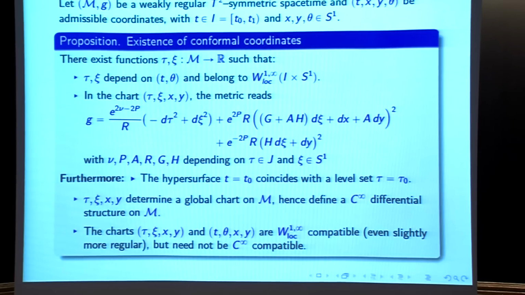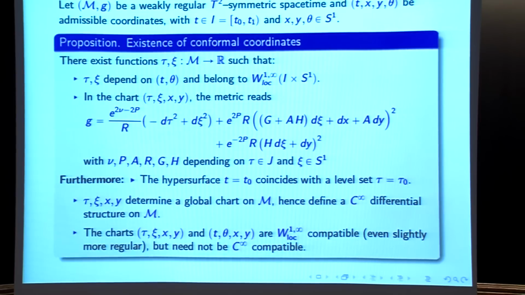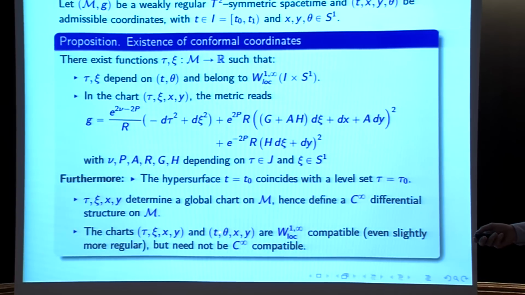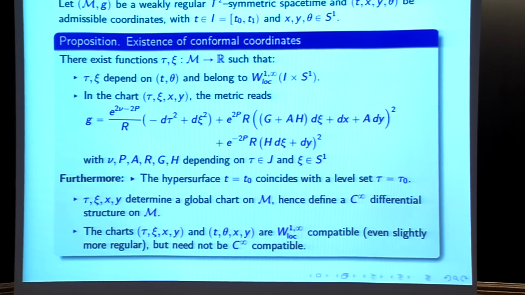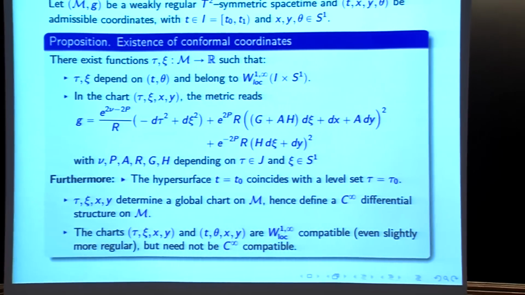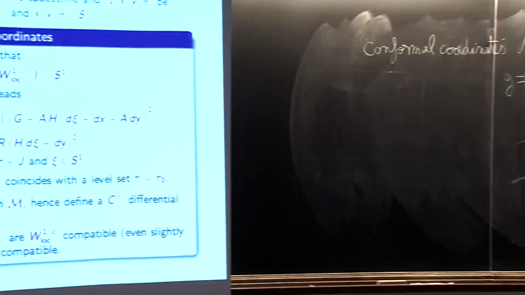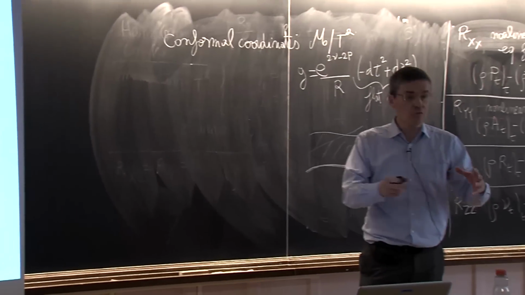So it means that you can do change of coordinates with C-infinity regularity, even though this chart, tau, psi, and theta, and t and theta, will be only W1 infinity compatible. Okay, maybe slightly more regular, but they are not C-infinity compatible. So the coordinate function with respect to the original coordinates, this mapping is not smooth.